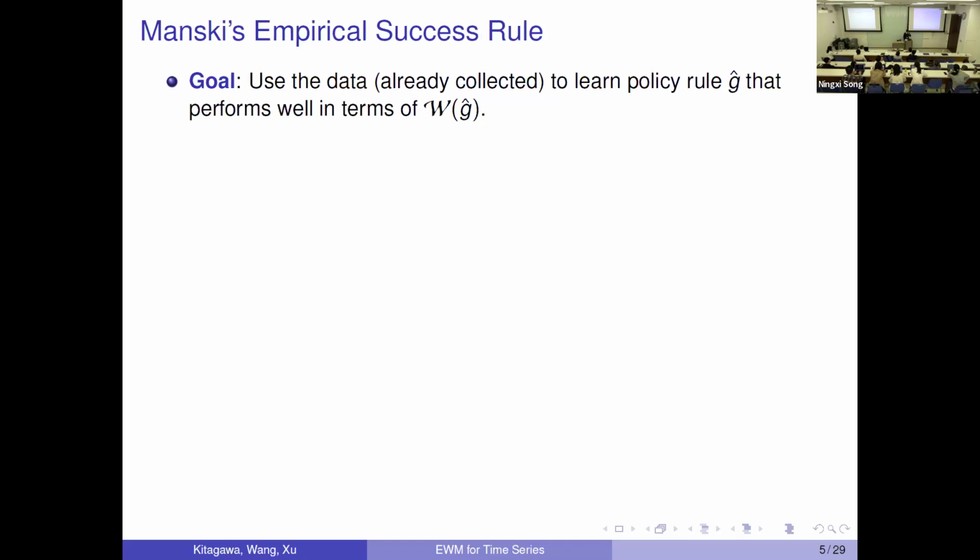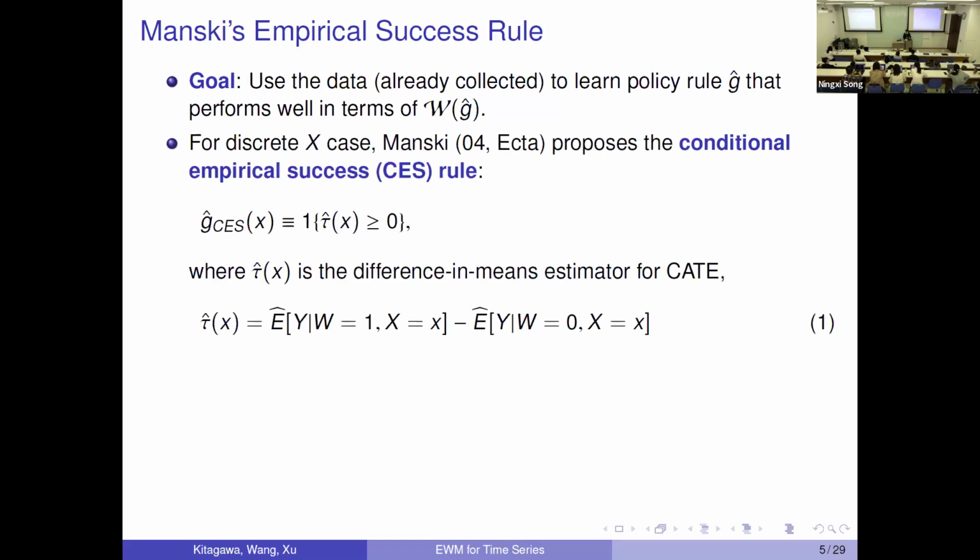So the goal of this paper is to estimate a policy rule G hat that performs well in terms of this behavior. For the discrete X case and IID data, Manski's paper proposes what we call the conditional empirical success rule.